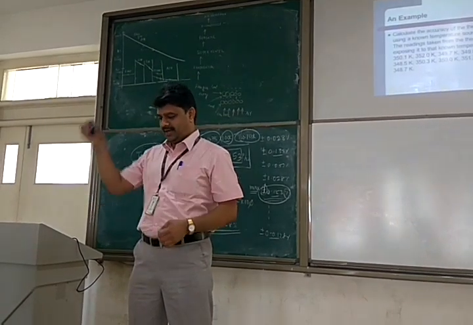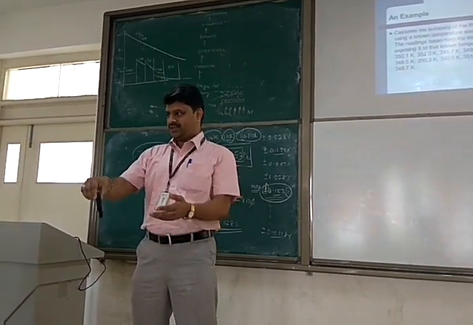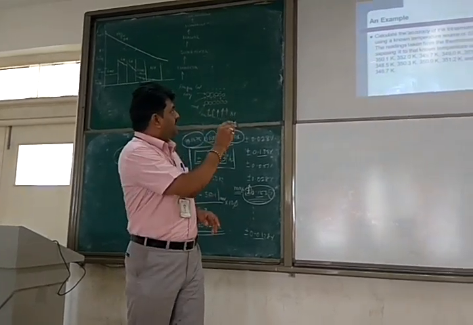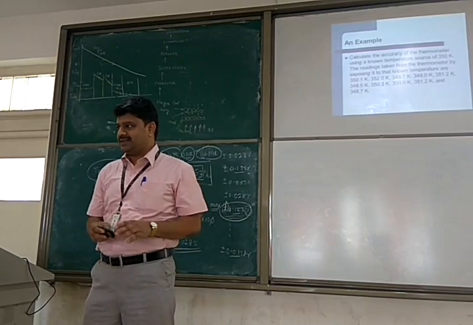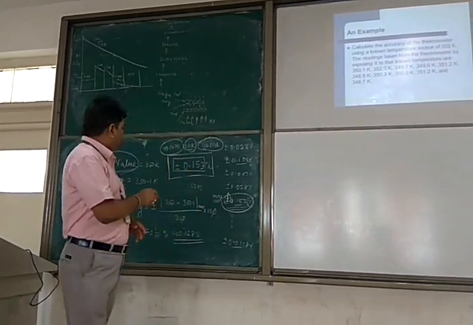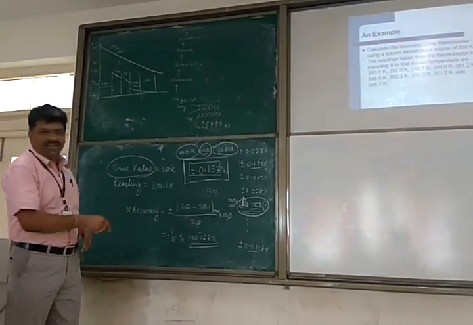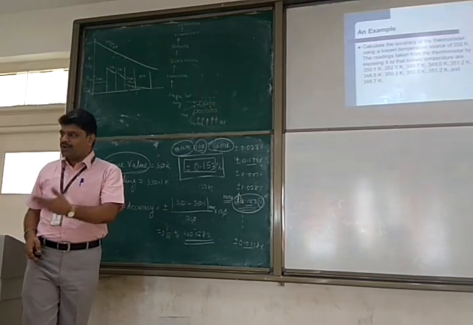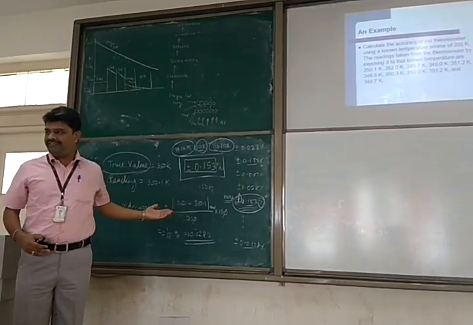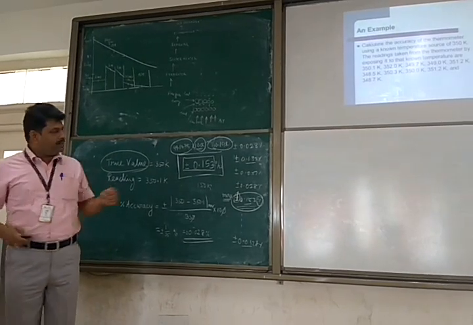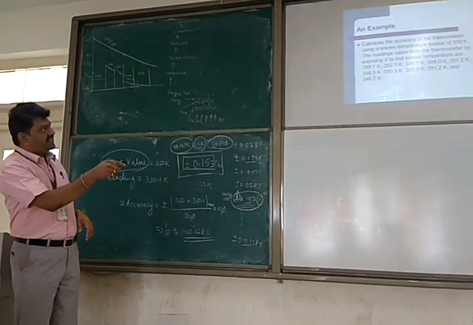I expose it to that temperature and then read. First time I take a reading, I get something. Second time I take a reading, something. With that, I am computing the accuracy. This is only computed at 350 Kelvin. This is an example problem for you to explain how to compute accuracy. In a factory, normally they won't calculate for only one fixed value.